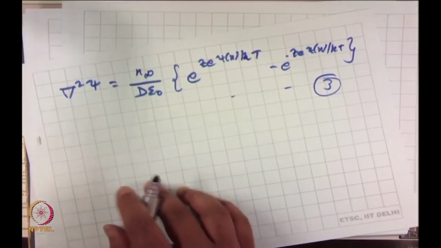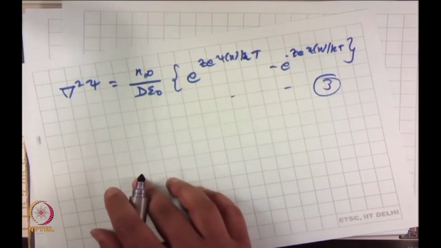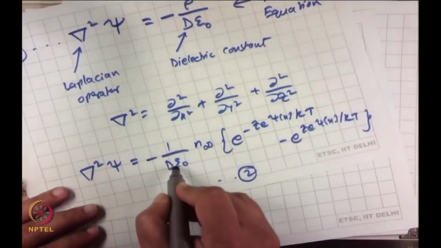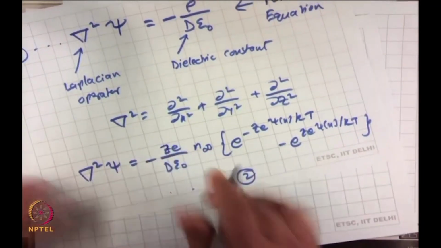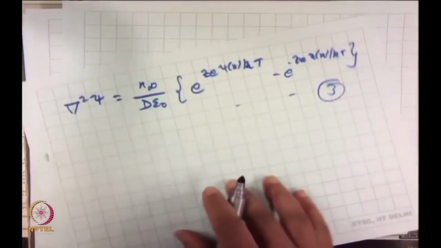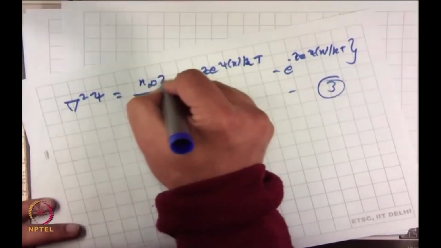Can you tell me what I am missing? So, I missed that. What I missed was, if you look at this equation, I should be putting z e out here, and then automatically it will also come here, right, z e.